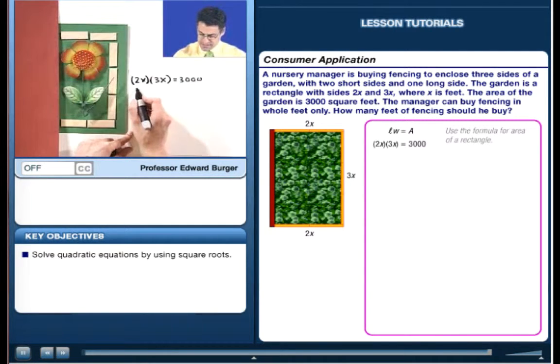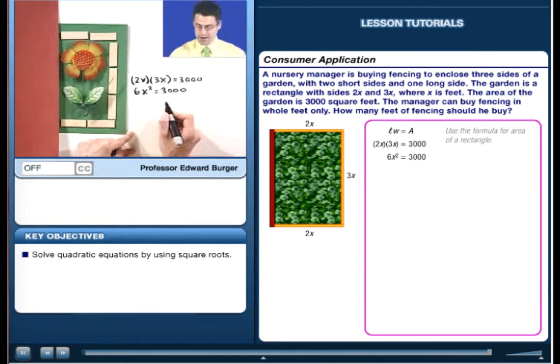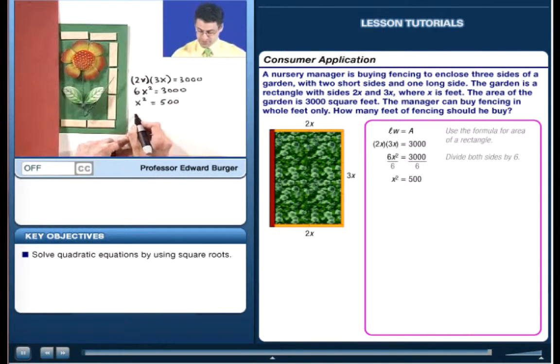Well, that means that 6x squared has to equal 3,000. If I divide both sides by 6, I see x squared equals 500. And if I take the square root of both sides, I see positive or negative square root of 500, which is actually 100 times 5.